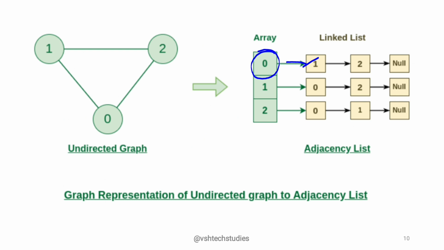Then this is node 1 data. One more memory location will be there that will be storing the address. Here it is made to store the address of node 2, because 1 and 2 are adjacent to 0. So with vertex 0, 1 and 2 are represented here and connected.